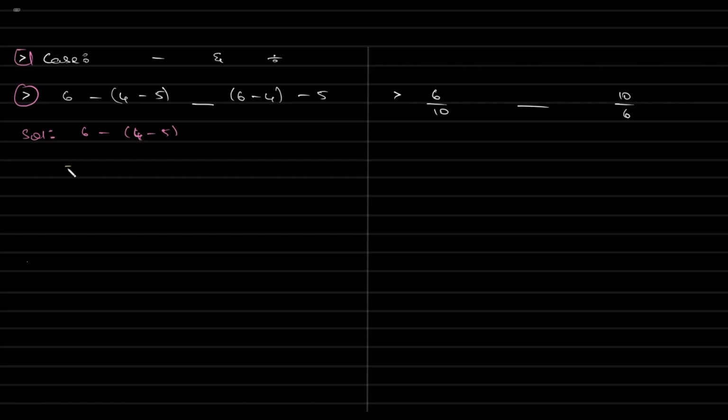So we have here 6 minus of -1, which in turn is 6 plus 1, and the final answer is 7. Now we're looking at the second part of it, the RHS part. 6 minus 4 minus 5.